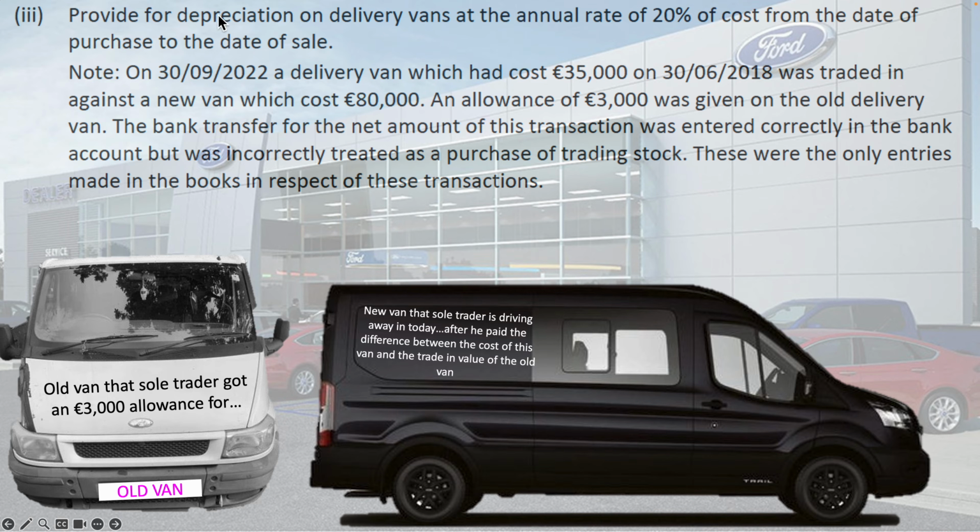Okay, we're also being told that we need to depreciate vans for the year, and we're also told that the bookkeeper did absolutely nothing bar record the bank transfer for the net amount. So whatever the amount was that Leahy had to give the dealership to be able to drive out in the new van, that was incorrectly treated as a purchase of trading stock. Okay, so that is the correct there.